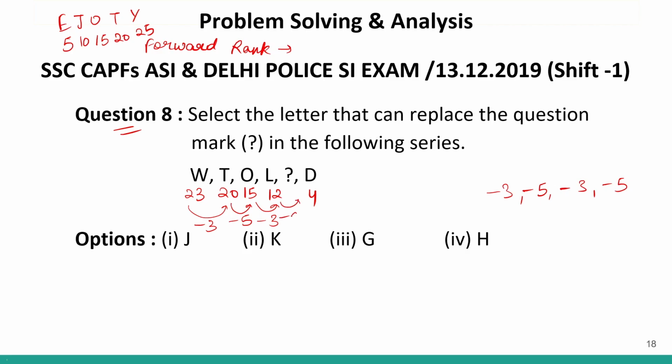So minus 5 from 12 will give me 7, and 7 to 4 if I go minus 3. So minus 5 and then minus 3. So I can see that the logic alternates between minus 3 and minus 5. This is the logic. So at 7th position, which letter is there? At 7th position, we have G. So the answer will be G, option 3.